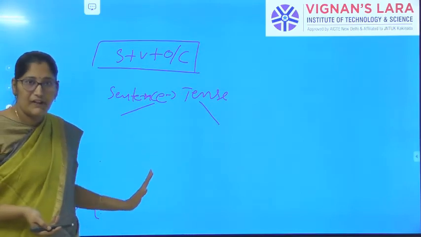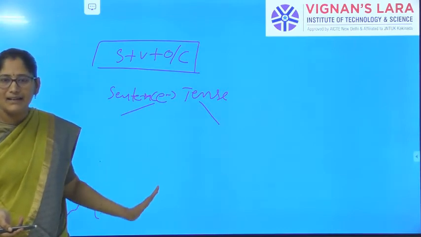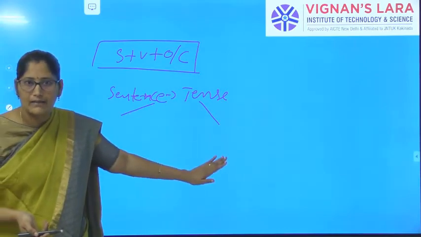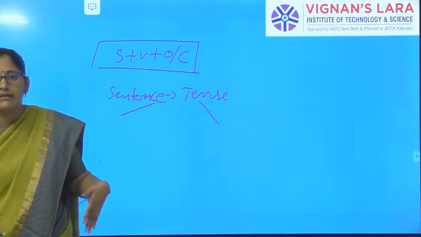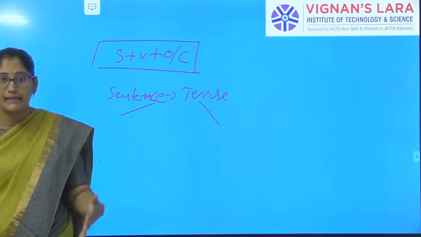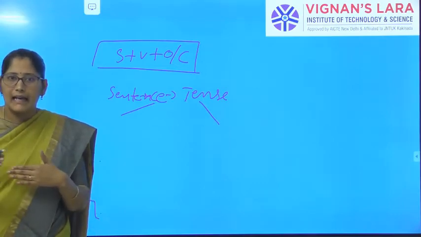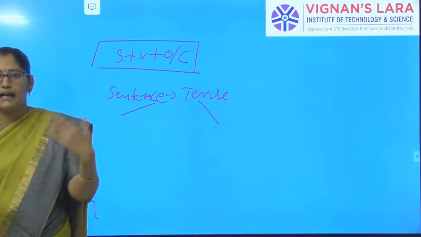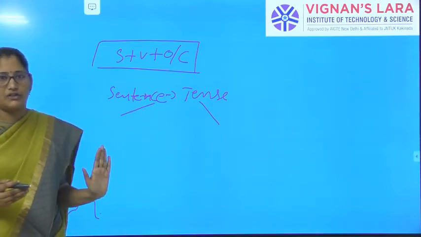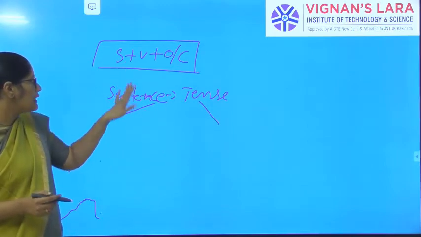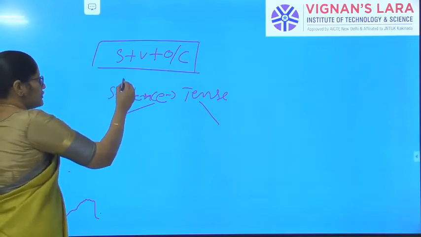According to the structure, we know which sentences are in past, which are in present and which are in future. Again, if you go with tense, it will be divided according to the structure. Alright, so this is the sentence structure.